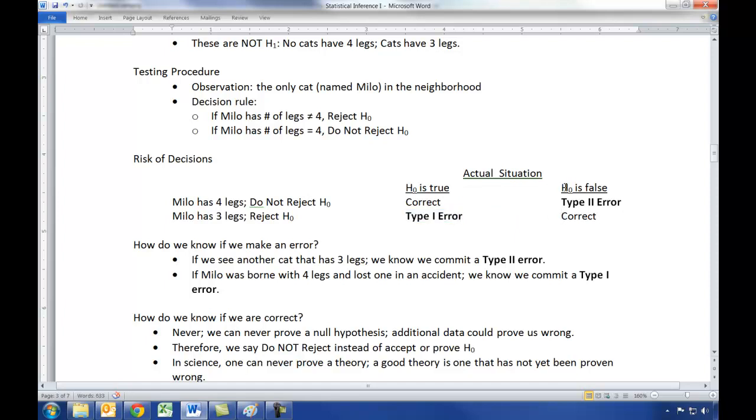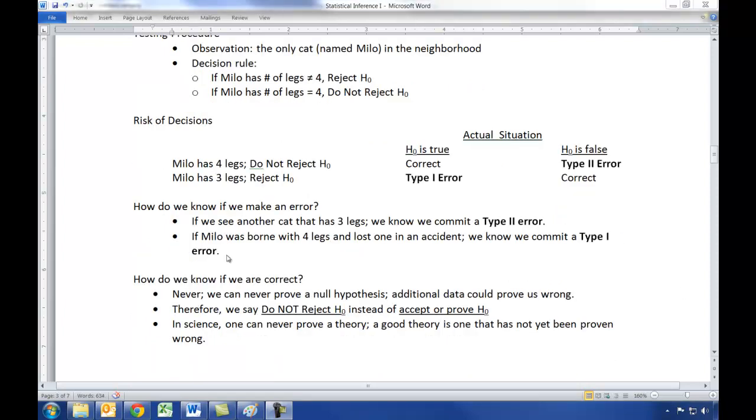But if H null is false, and because Milo has 3 legs we reject the null hypothesis, then we will be making a correct decision. So how do we know we make an error?